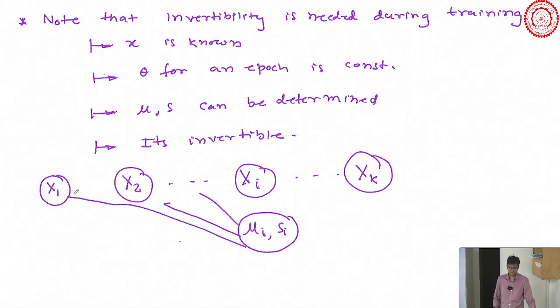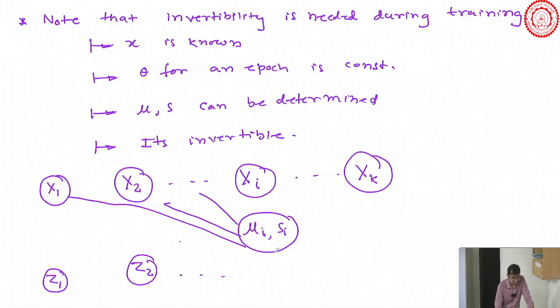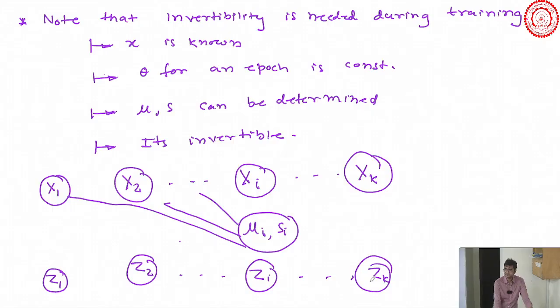And then in the bottom you will have z i, which you will find out as a function of these.